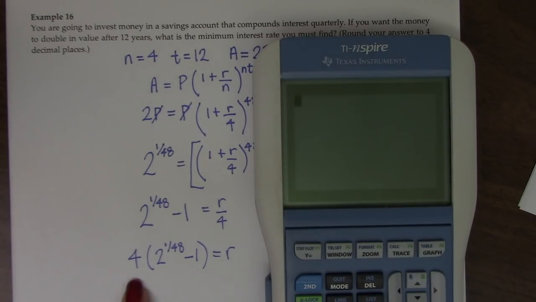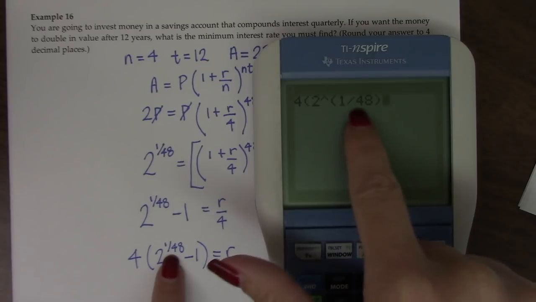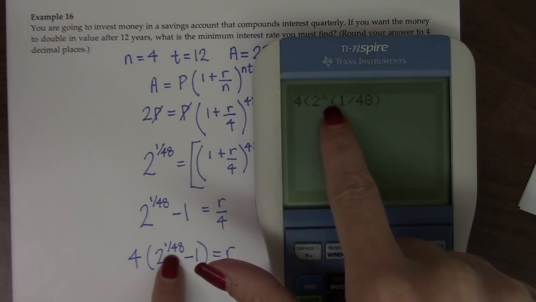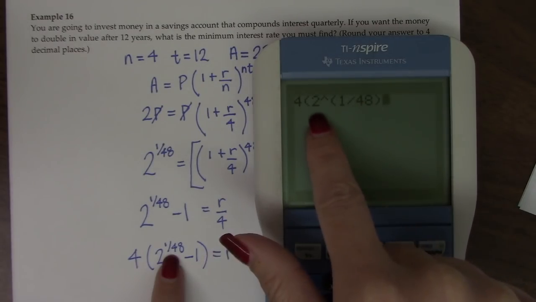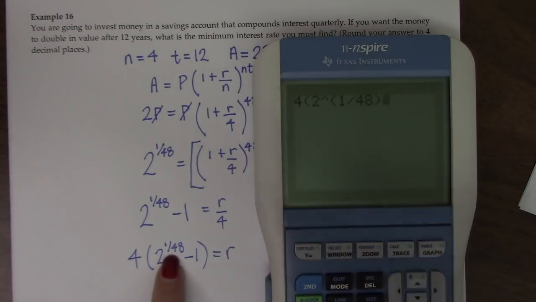The syntax is you have 4, open your parentheses, 2, notice here that you have a fractional exponent, so you should have a caret button on your calculator. Then you need to open a set of parentheses, 1 divided by 48, and then close the parentheses. So you've locked 1 over 48 into the exponent. If you do not put these parentheses, your calculator is going to read this as 2 to the 1 and then divide the result by 48, and that's not what we want.